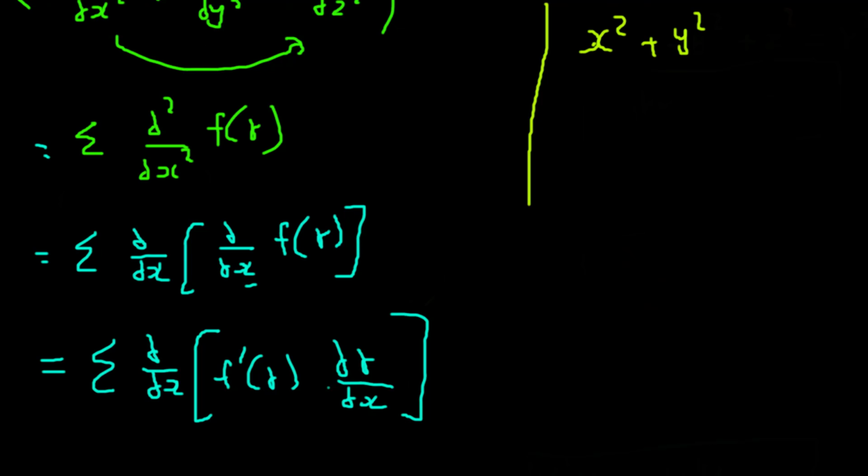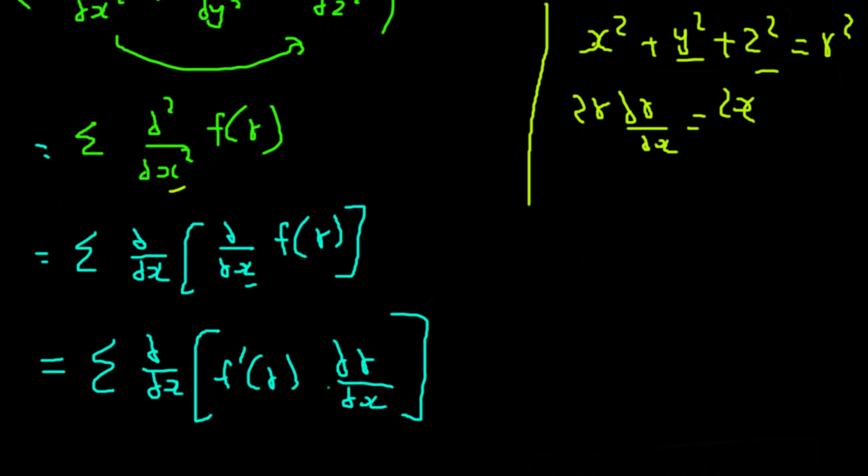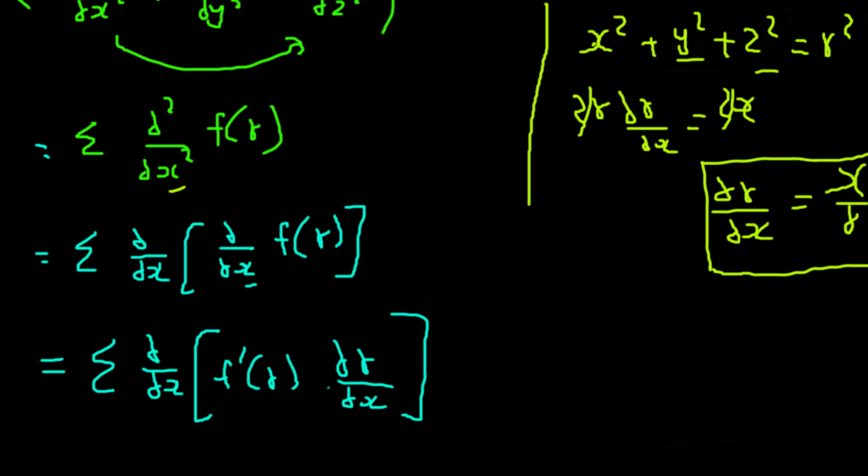So the equation will be x square plus y square plus z square equals r square, and when we partially differentiate this with x, it will be 2r del r by del x equals 2x. The other terms will be 0, so we can write that dr by dx equals x by r, as the 2 will be cancelled. Del r by del x equals x by r.